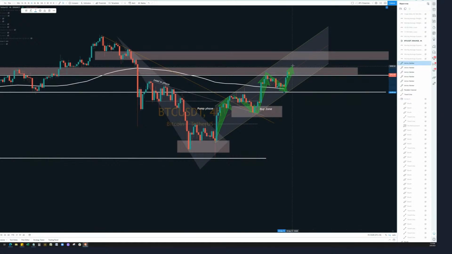ascending wedge. So if we fall short, either it's going to find support somewhere there or further down. So when we break that resistance, whoops, I'll get rid of that.